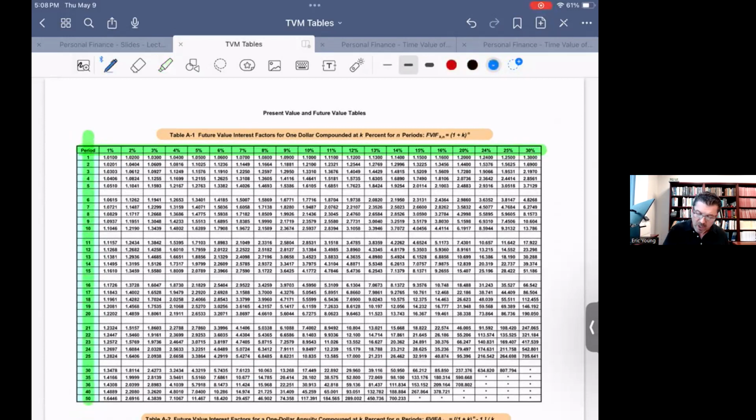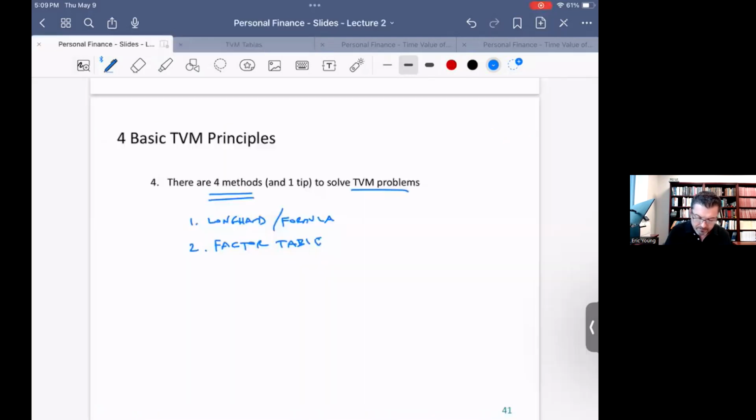So going across, this is your I, and going up and down, that's your N. All you're going to do for a factor table is simply find the appropriate cell, the appropriate square that corresponds to a given I and N. You just put your finger here and here, you connect them, and that number tells a big story. We'll search this out in a bit. You have your factor tables.